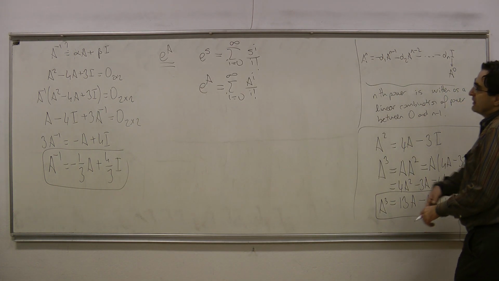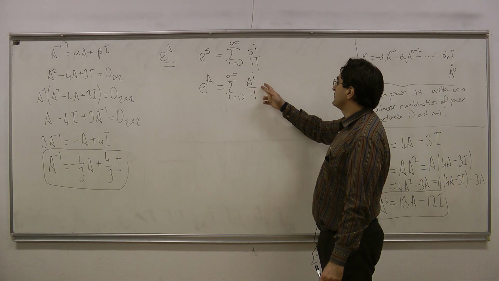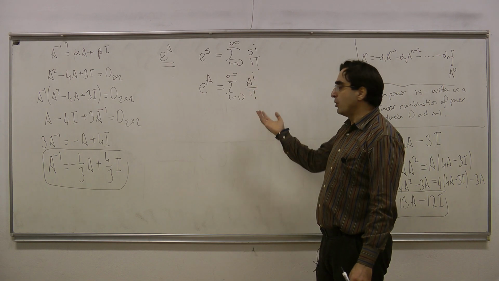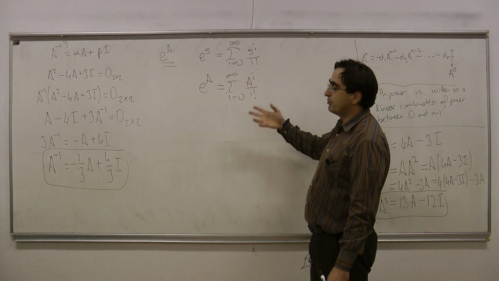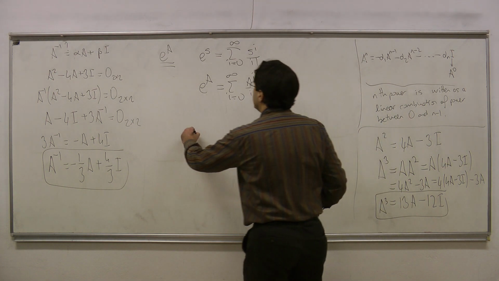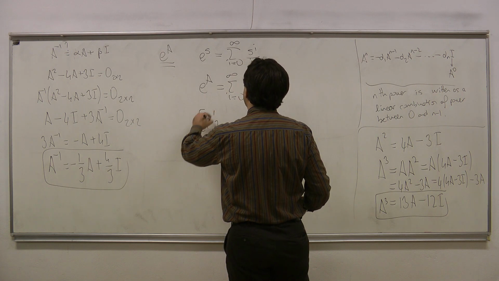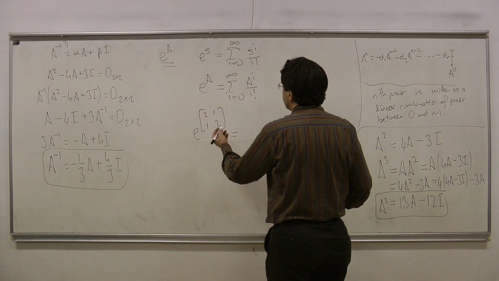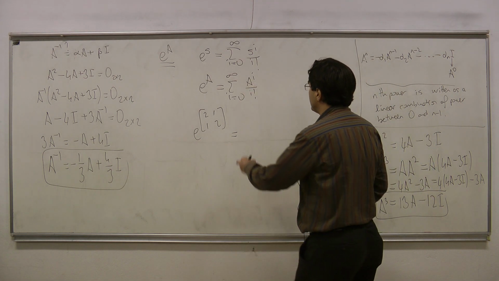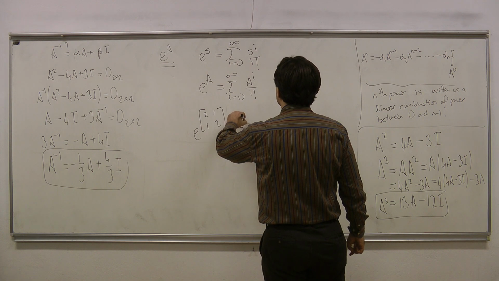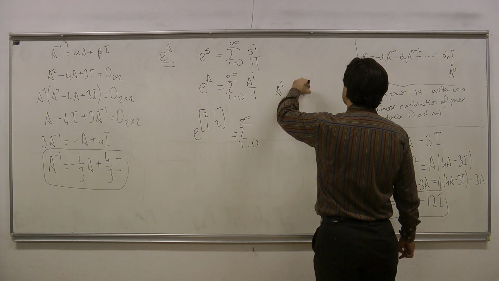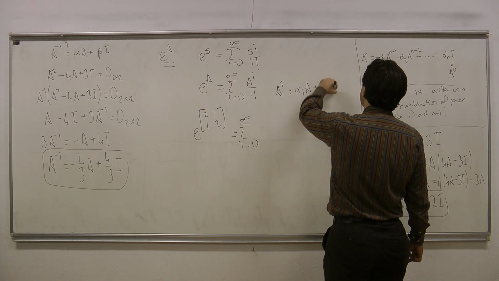Okay? So you know that here, in this case, by the Cayley-Hamilton theorem, we can write any power here as a linear combination of powers between 0 and n minus 1. If this is a 2 by 2 matrix, then I know that any power here can be written as a linear combination, so A to the i can be written as alpha i times A plus beta i times identity.